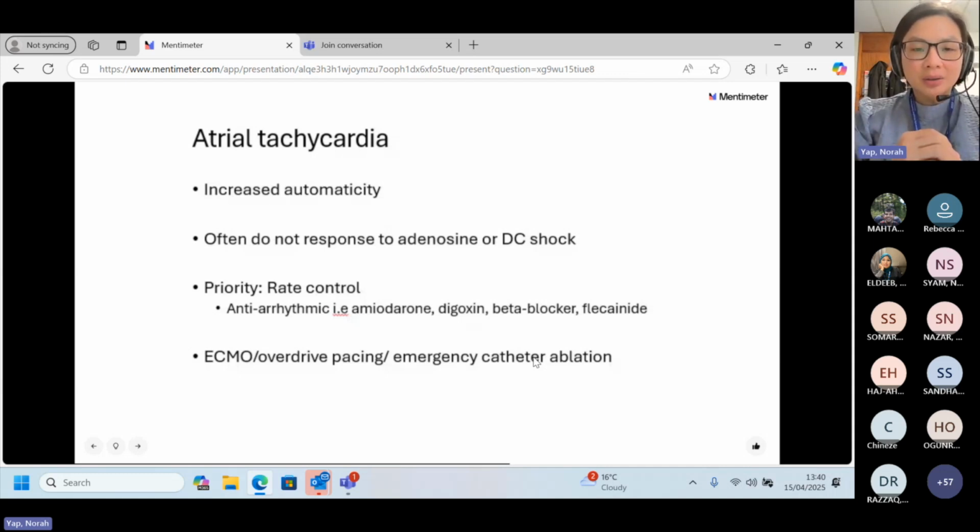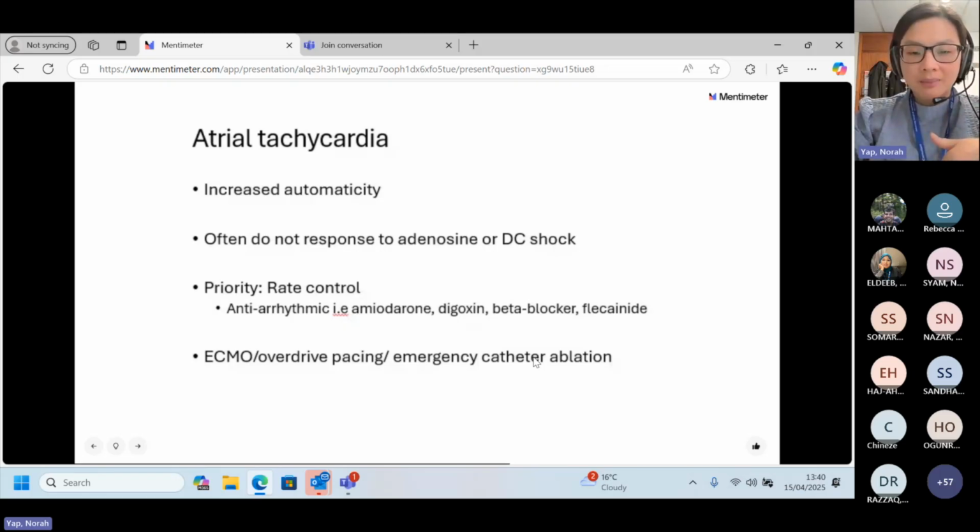So in atrial tachycardia, the priority is often given to rate control, because atrial tachycardia is notoriously difficult to rhythm control. You often can't get the patient straight into a sinus rhythm immediately. So you want to control the rate, slowing down the conduction to the ventricle. You can do rate control by giving IV amiodarone, digoxin, beta blocker, flecainide.